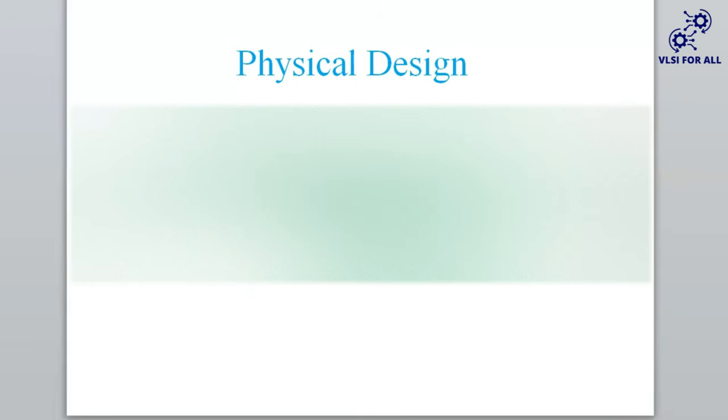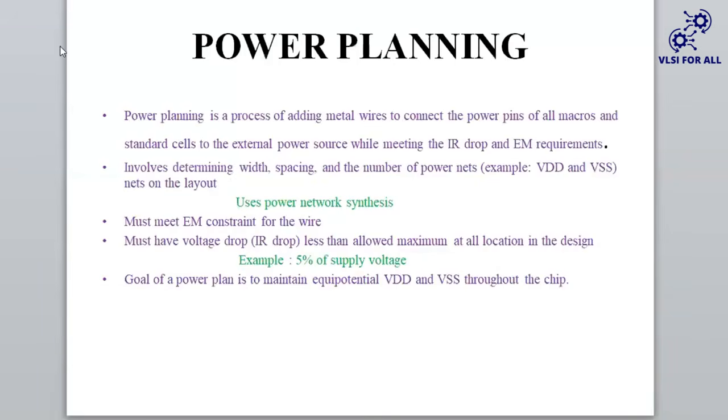Now I am here to explain power planning. Power planning is a process of adding metal wires to connect the power pins of all macros and standard cells to the external power source while meeting the IR drop and EM requirements.